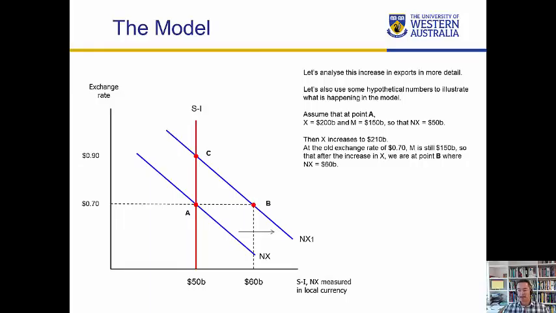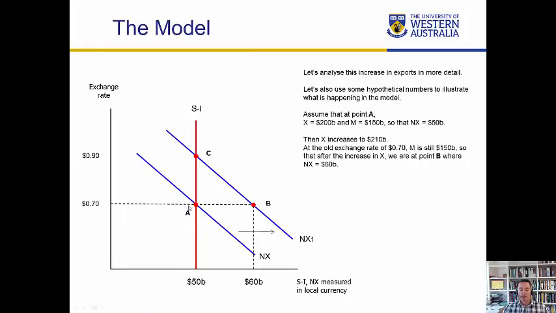I'm just making these original numbers up. And so on the horizontal axis I have shifted the NX curve to the right by $10 billion.